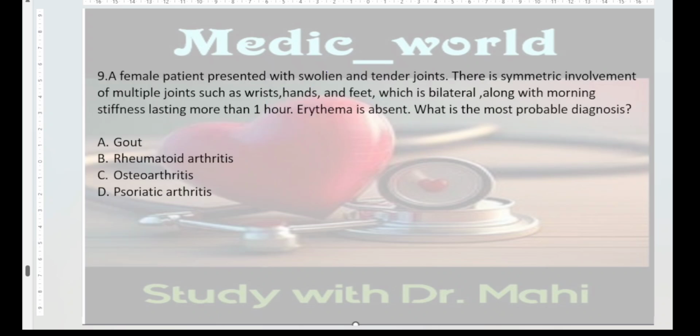Now the next question is a female patient presented with swollen and tender joints, with symmetric involvement of multiple joints such as wrist, hand, and feet, which is bilateral, along with morning stiffness lasting for more than 1 hour.